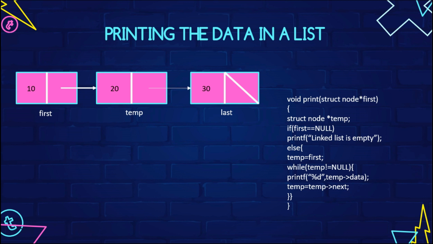Inside the loop we print temp of data, and to make temp traverse the next nodes, we assign temp equal to temp of next. This points to the memory address of the next node, which gets assigned to temp, and temp of data will print the value of the next node. So this is how the basic logic works.